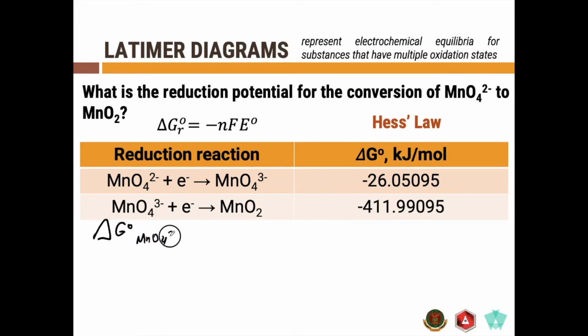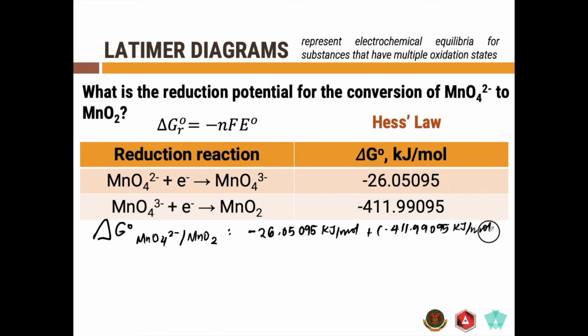If you want to get the delta G for the transformation of MnO4 2 minus to MnO2, you just simply get the sum of the delta G values. So that's negative 26.05095 kilojoules per mole plus negative 411.99095 kilojoules per mole.